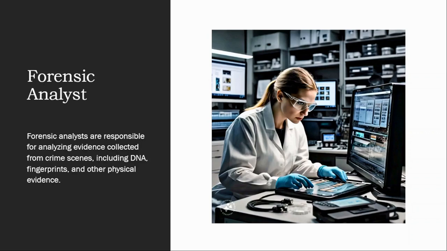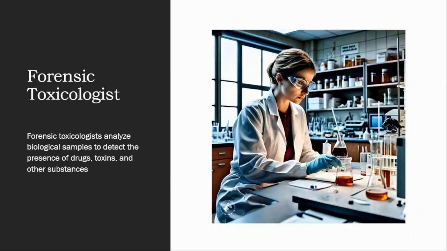Each of these pieces of evidence helps you to build a comprehensive picture of what transpired at the crime scene and who was involved. As a forensic analyst, you will witness firsthand the significant impact your work has on solving crimes and delivering justice.